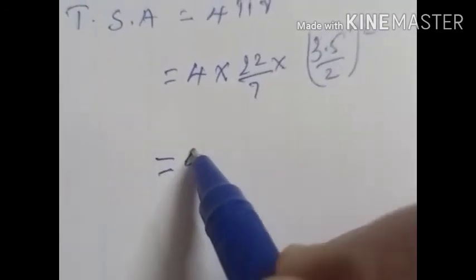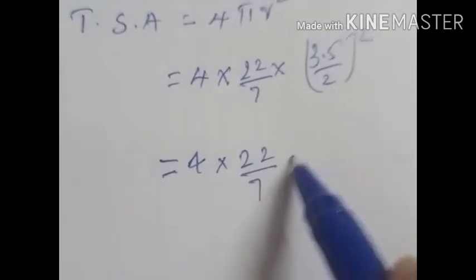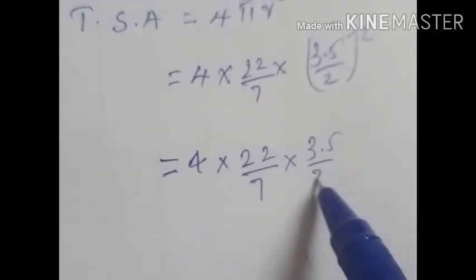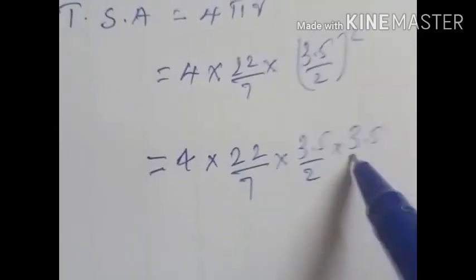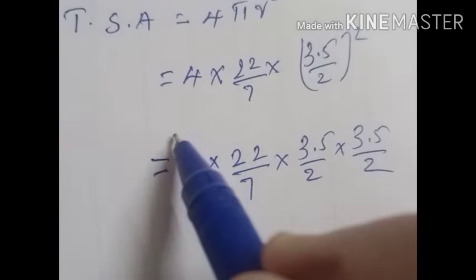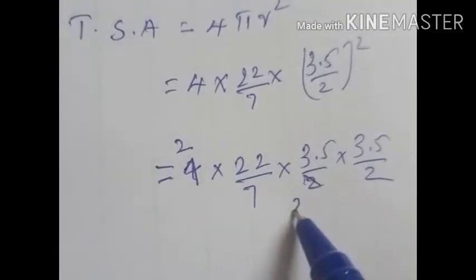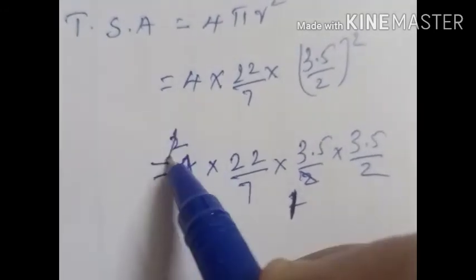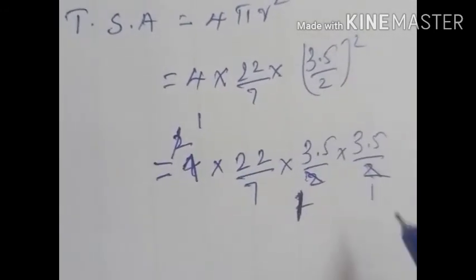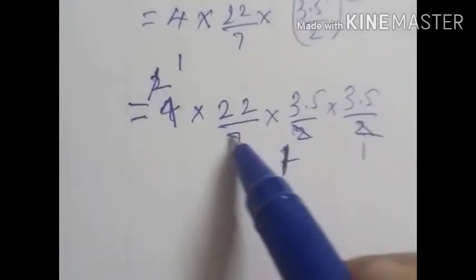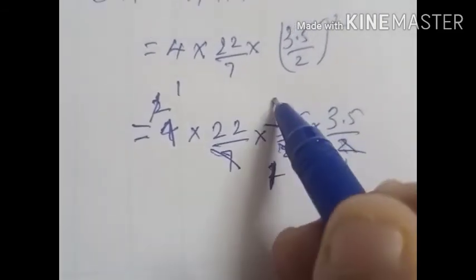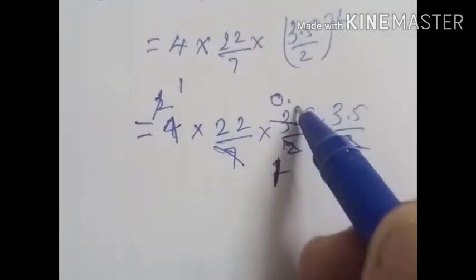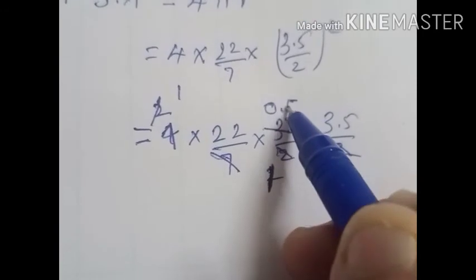That is equal to 4 into 22 by 7 into 3.5 by 2 whole square. Then we can simplify this: 4 into 22 by 7 into 3.5 by 2 into 3.5 by 2. In 4, 2 twice. Then again 1, this is also 1. Then 7 and 3.5, in 3, 0 times, then together in 35, 5 times.